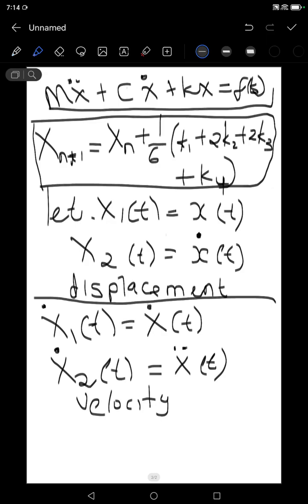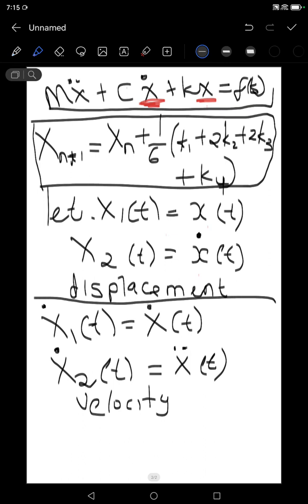I just want to substitute this x2 here. So we just let x2 be equal to this one, and x1 equal to this one. We only have one displacement, and here we just let x1 be equal to this x. And then we let x2 be equal to this one for velocity. After that, we're going to differentiate and then get the velocity. Yes, here it is just an assumption.